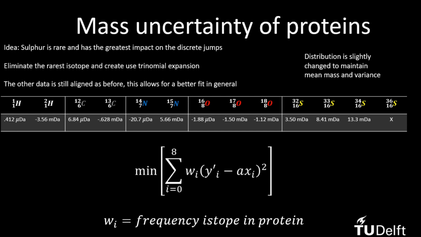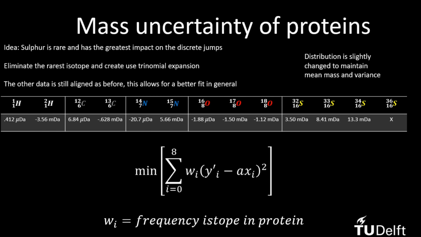Now, this allows you to have a good image of what's actually happening with the probability density function of the mass, especially since sulfur has the largest variance of all isotopes.